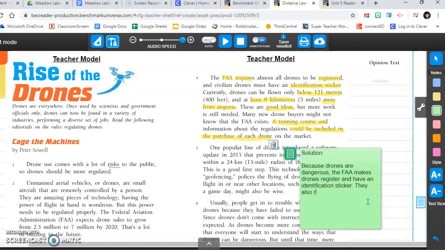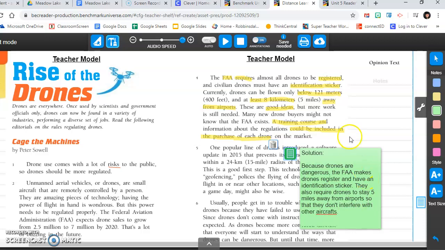They also require drones to stay, let's see, what did it say? About 5 miles away from airports. And I had come to a conclusion myself that I'll add in here, so that they don't interfere with other aircrafts.